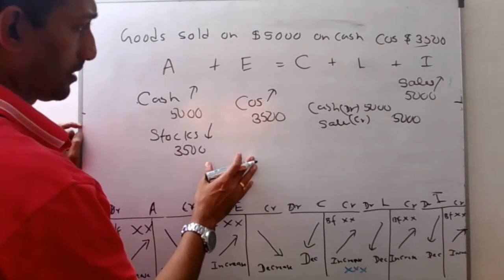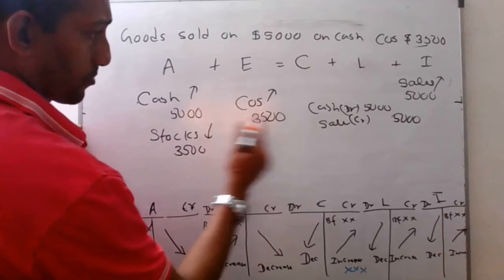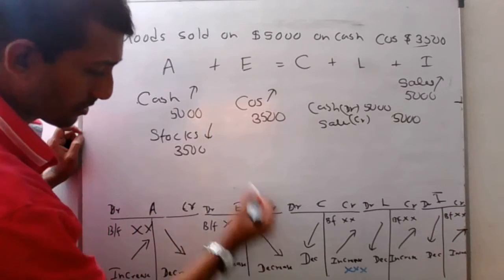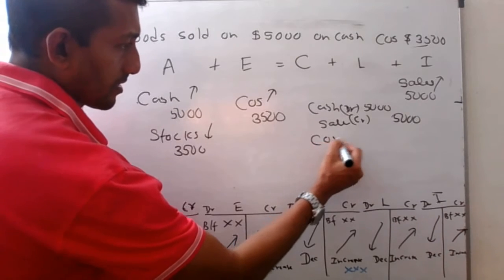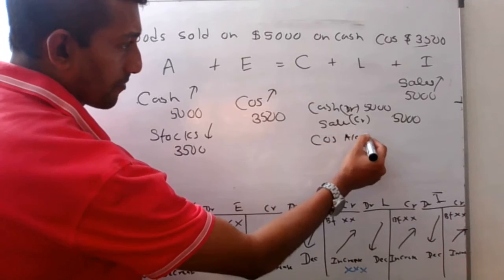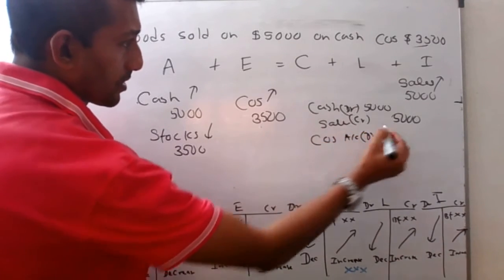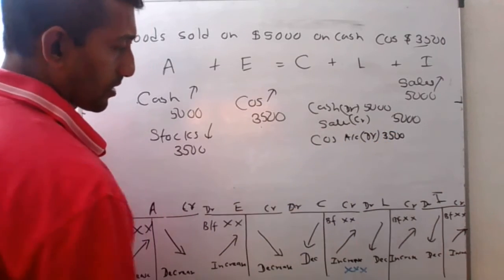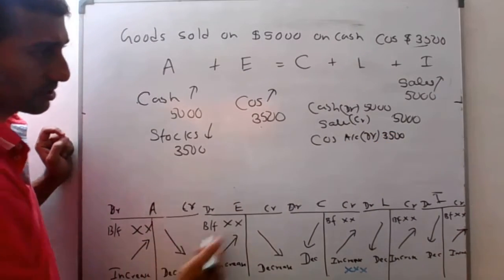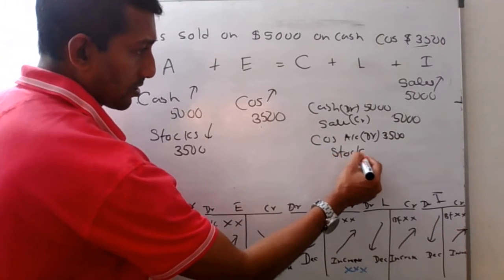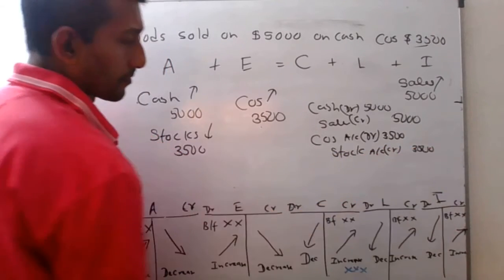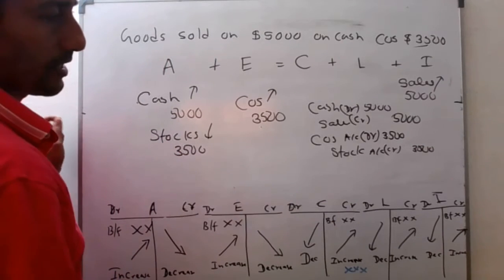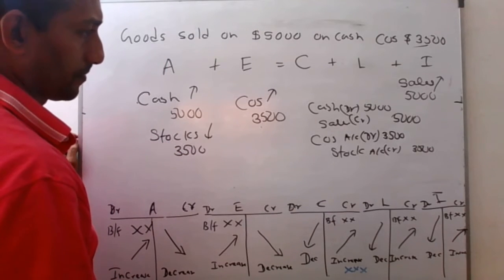And if you look at the cost of sales, which is an expense, the expense is increasing, so it would be debiting. So cost of sales account, I debit 3,500, which is my cost, and my stock is reducing, so my stock account will be credited 3,500. So these are the four effects that I can see in my ledger.